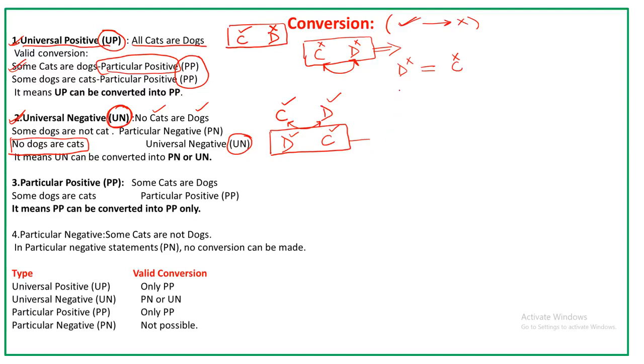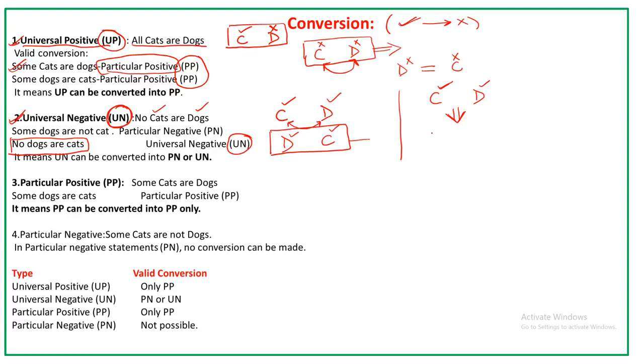Now let's try to look for the conversion of tick to cross. So we have our initial statement as a tick on both of them. Fine. Now especially for the universal negative statement, remember this, when we are converting tick to cross, we follow 2 steps.